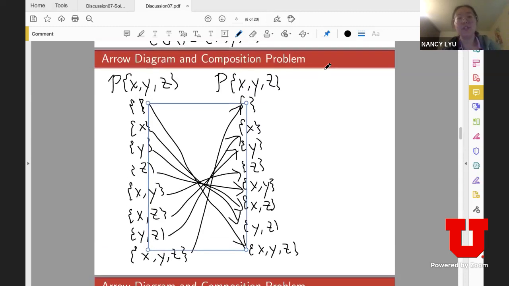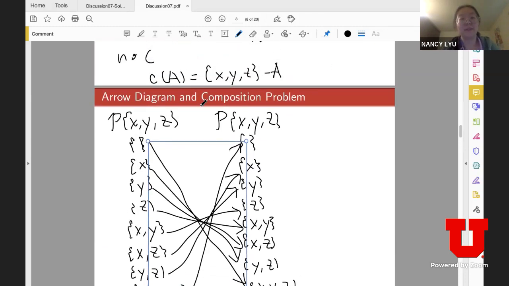Okay, now we've finished the part going from the domain of C to the codomain of C. Then we have the codomain of N, which is 0, 1, 2, and 3.